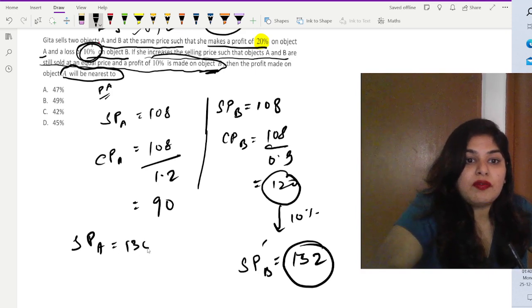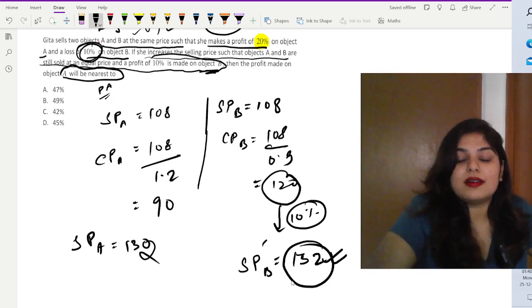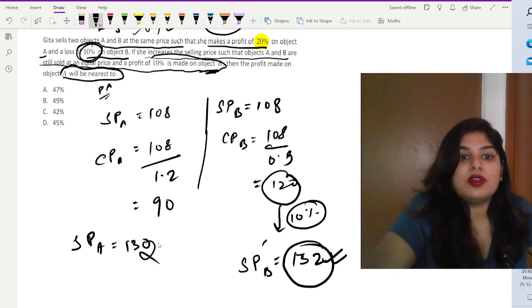Why? Because after earning 10% on product B, both of them were selling at the same amount. That means when Geeta is earning 10% profit, that is 132 selling price, the selling price of object A is also 132. So now you have to find out the new profit on this object when she is selling at 132.